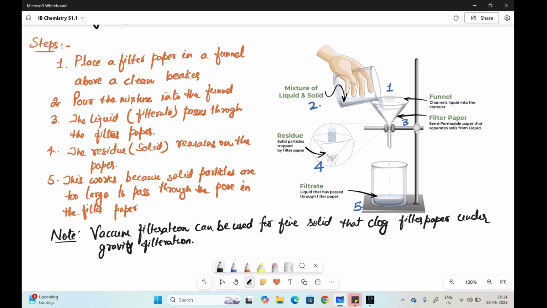Now, what are the other separation techniques where we are separating solids? So centrifugation can also be used, right?